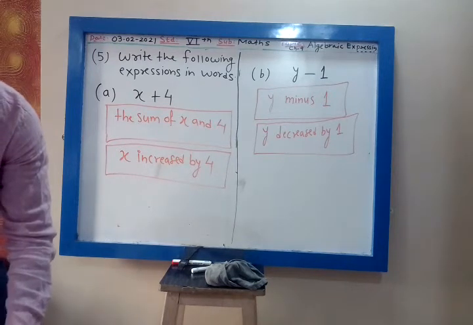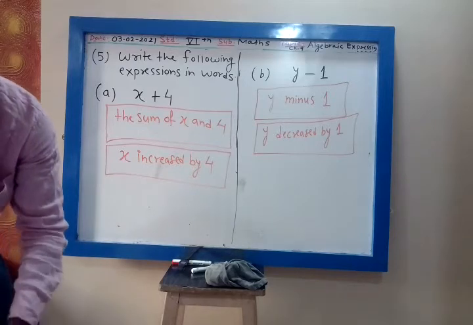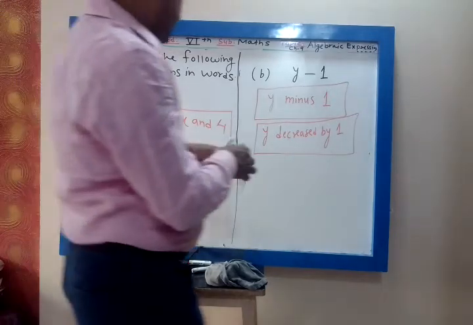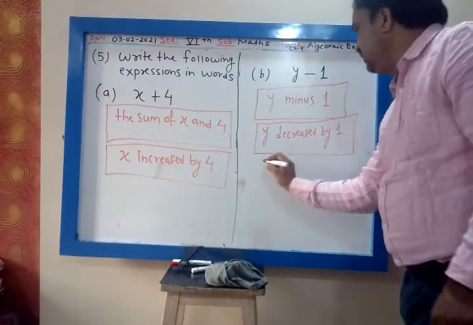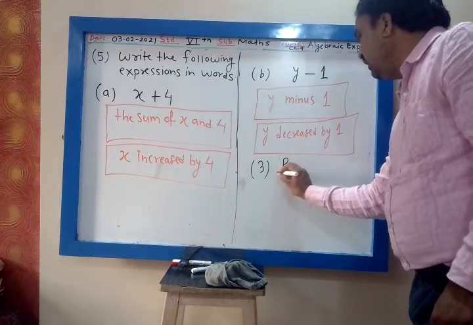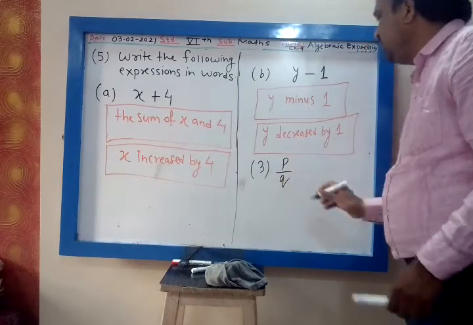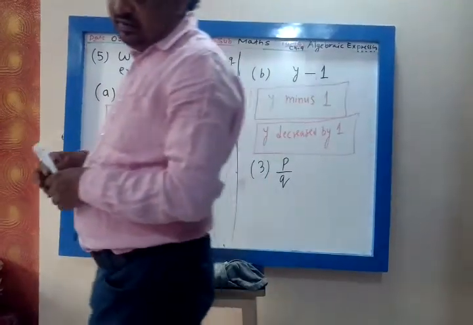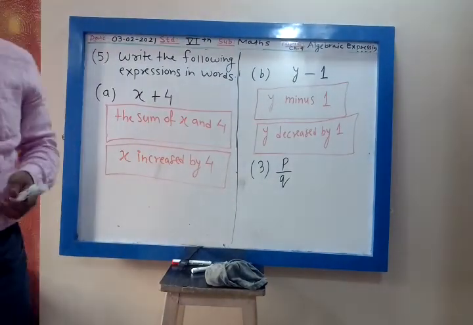P upon Q. C is P upon Q. Third, P upon Q. What you will write? Statement. What is the statement? What you will read this as?